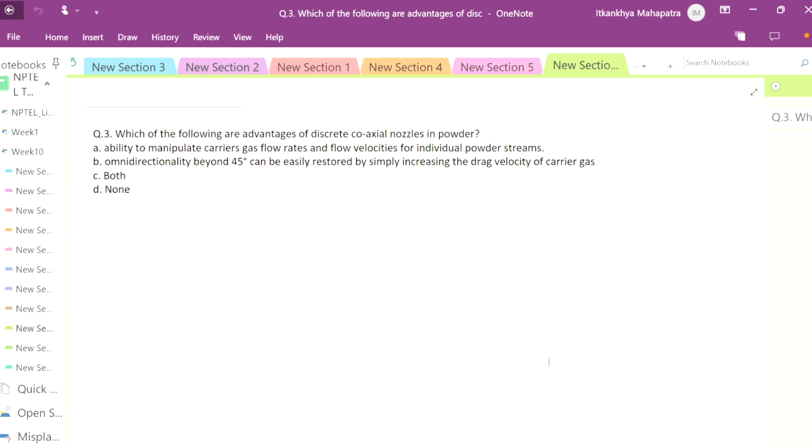We already discussed continuous coaxial and discrete coaxial nozzles. In continuous coaxial nozzles, the head tilt cannot be accommodated, but it can be accommodated in the discrete coaxial nozzle.